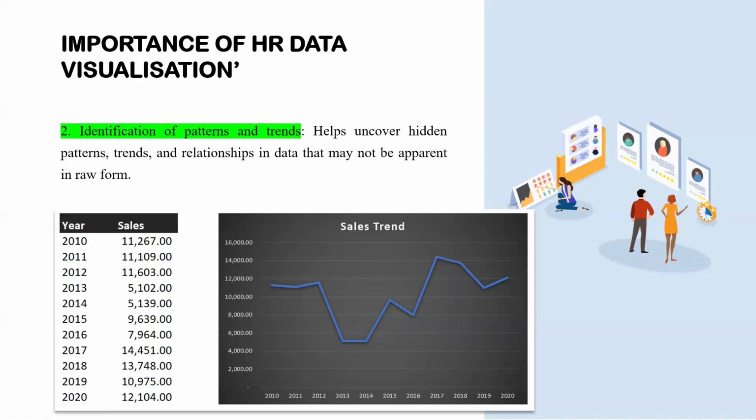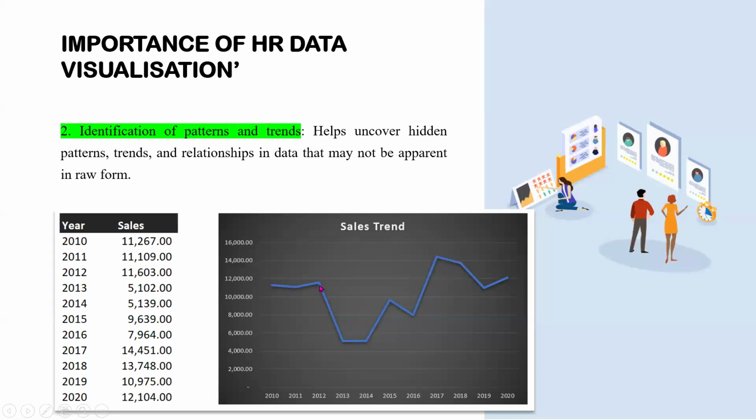And in addition, if I ask you what is the highest sales over here, it's going to be a bit tough because you have to look at the data very well for about 15 to 20 seconds before you identify that. But if I try to visualize it, then I'm able to tell the irregularities or maybe the fluctuations in the sales data.